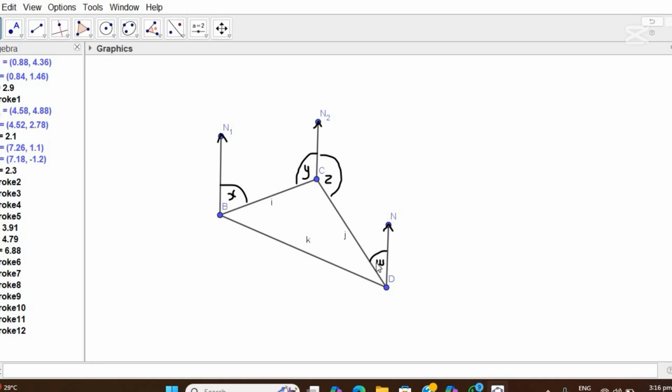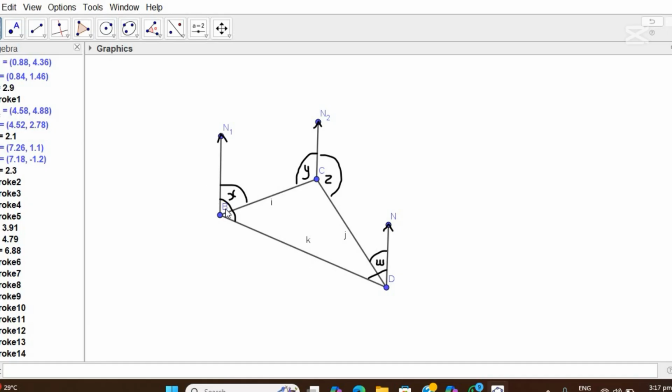And I could even look further. Notice that angle D is connected to angle B. So the angles that are between the north lines. I want you to note where I'm drawing this angle now. Starting on the north line and going to the line that takes me to D. Starting on the north line and going to the line that takes me to B. These two angles, I'm going to give them letter names as well.